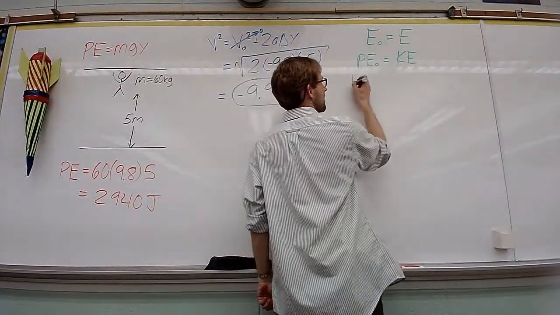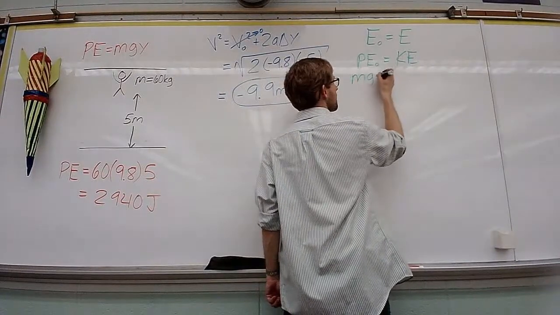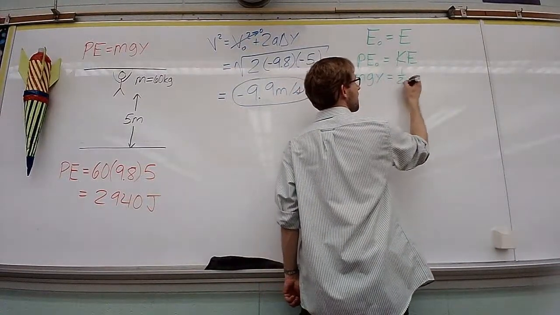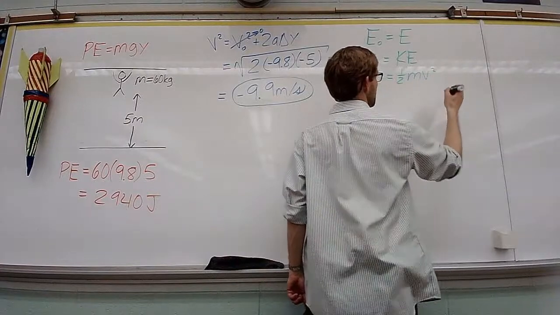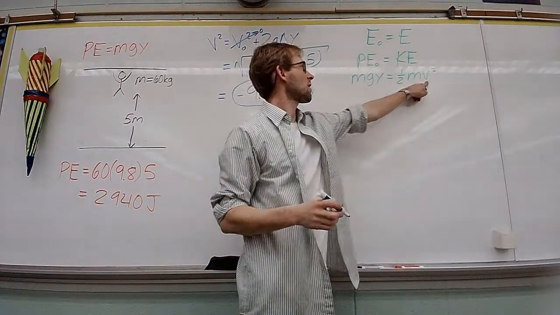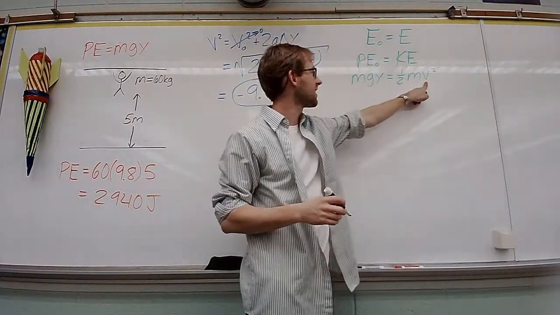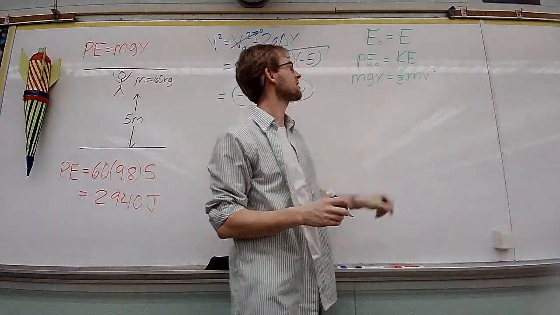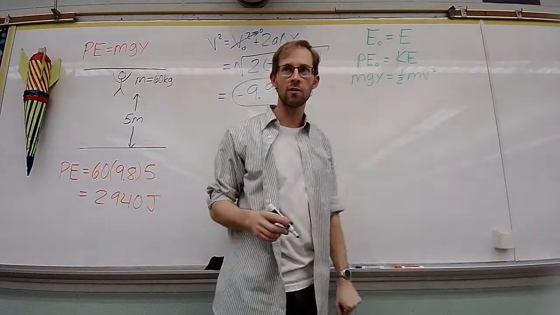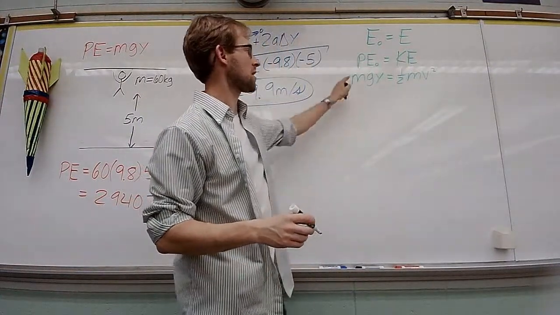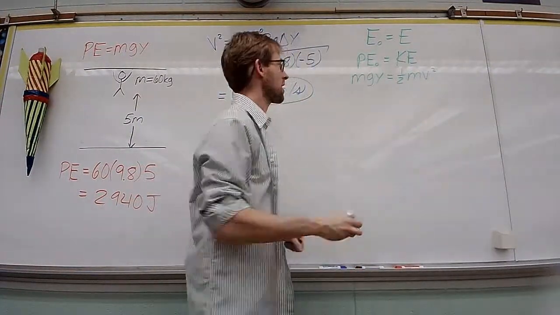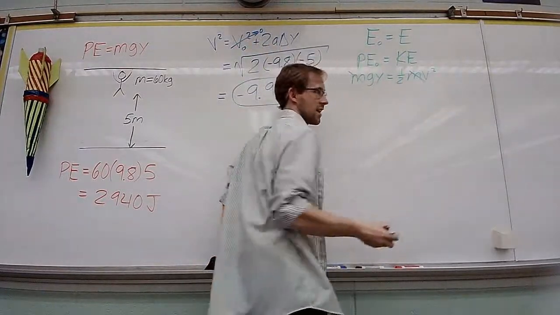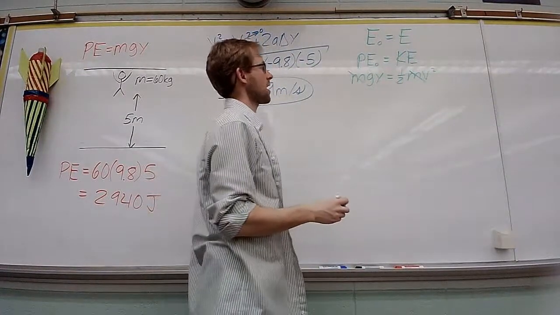Potential energy is mgy. Kinetic is 1/2 mv squared. Well, look at that. There's a velocity within kinetic energy. So let's solve for that v, and we'll just see what happens. You could put the numbers in right here if you want. What I usually do is isolate the letter, because oftentimes you can cancel stuff out, and that's what happens here.